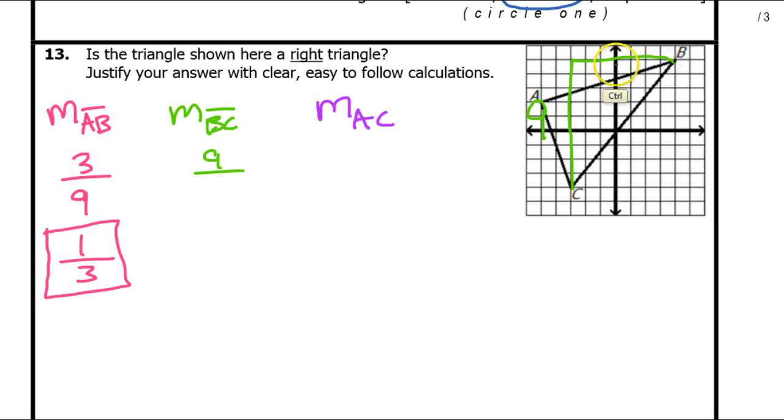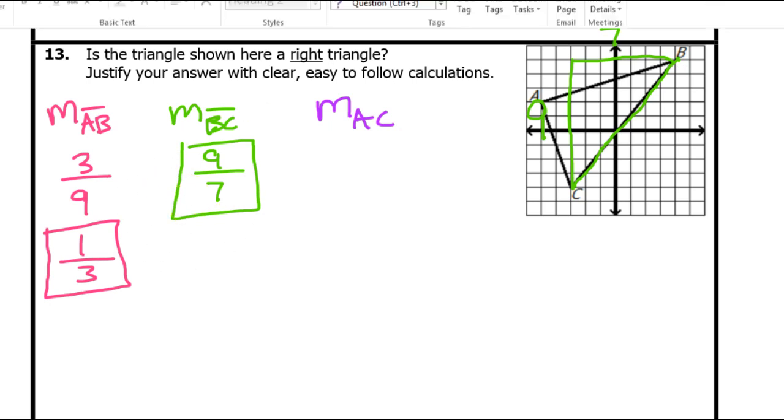So that's 3 and 4. So that's 7. So I did a rise of 9 and a run of 7. And that doesn't reduce, so I just have 9 over 7. From left to right, this is rising, so it makes sense that this is a positive 9 over 7. Okay, let's keep going.